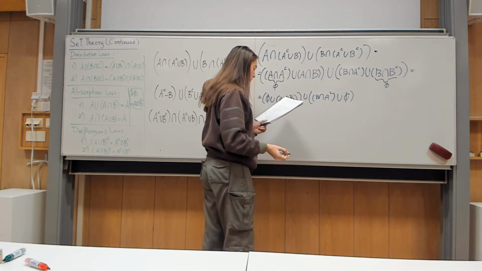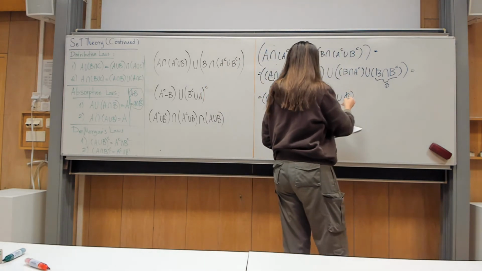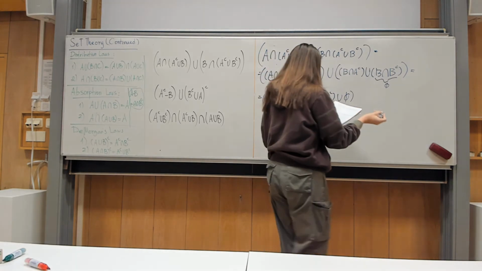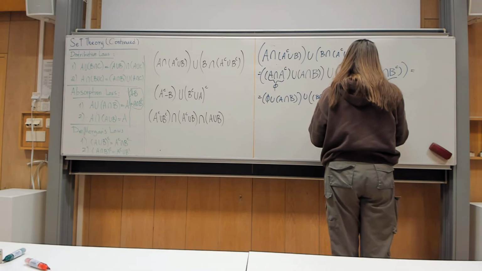So that's what I got. And then I just took that away, because union with the empty set is just the set itself. Yes. So I did it like this.